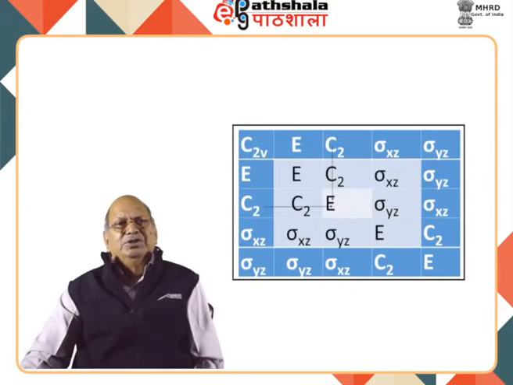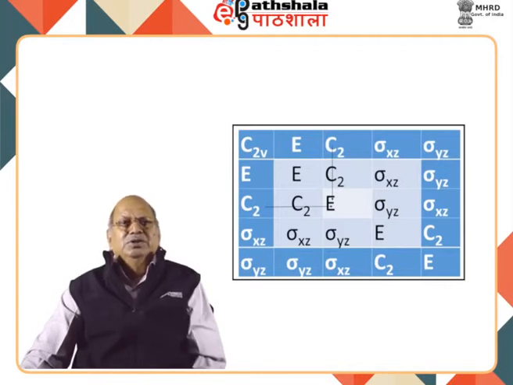The group multiplication table for the C2V point group is shown here, where we have given various symmetry products. The various products of the symmetry operations of the water molecule are shown in this table. Let us examine some of the symmetry operation products and check the corresponding matrices.